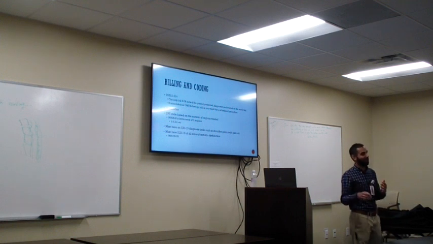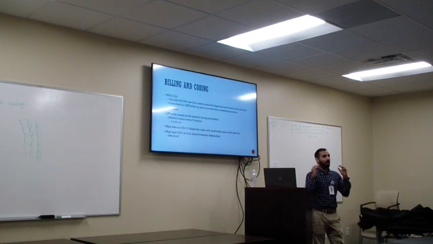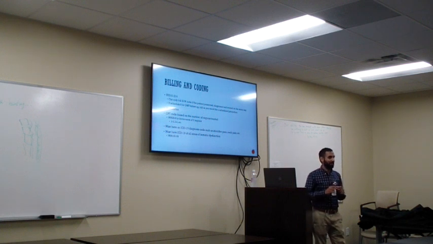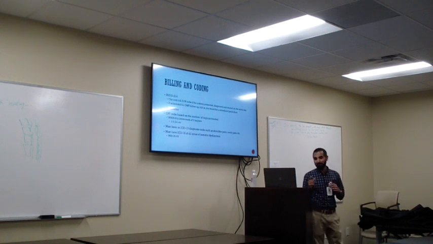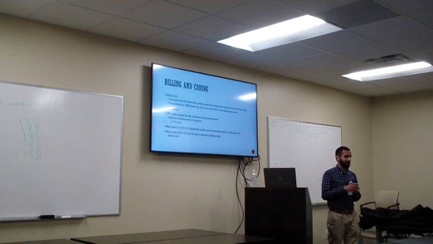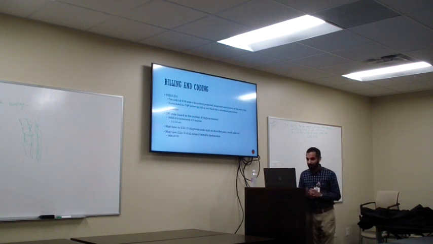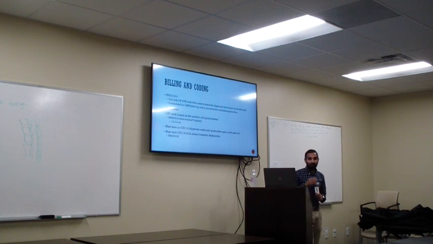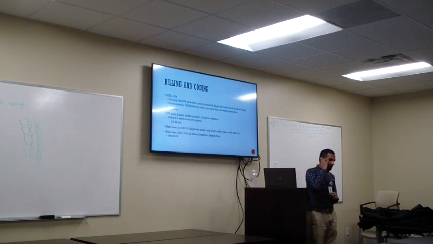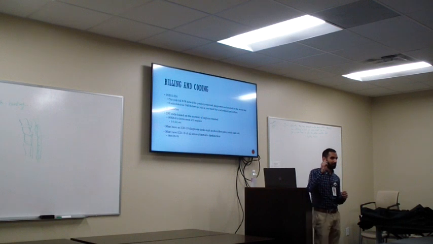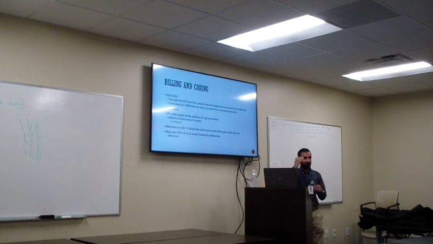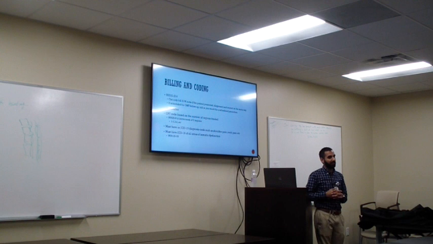The somatic dysfunction codes are the M99 codes. They all start with M99.0X, depending on what region it is. 00 is cranial, 01 I think is cervical, and it goes through the list. But that should not be the only diagnosis that you have. This is something that's routinely forgotten by residents when they're billing, that they forget to put shoulder pain or something else there because they're just using the template.